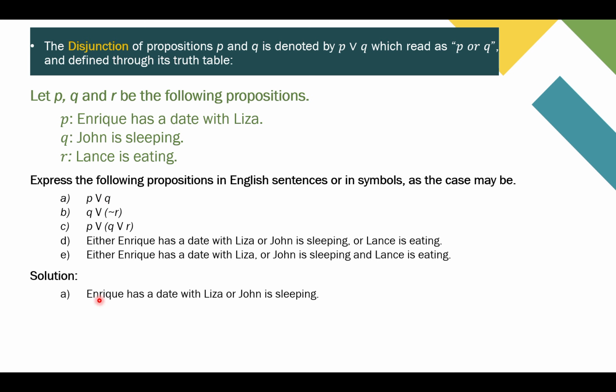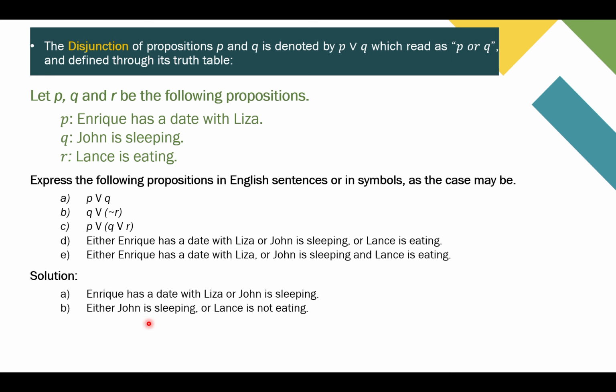Do you think that's correct? Correct, because we use the logical operator, the connector, which is the or. Second one, what is our Q? John is sleeping, or Lance is not eating.